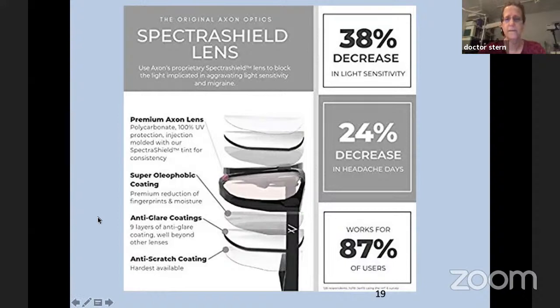I don't know if you send them clear lenses that the patient will wear and they tint them, or whether they have some type of set that you test with patients. It's so new that I haven't seen any information on it yet. But they claim about a 38% decrease in light sensitivity and in headache days, and it works, they say, 87% of the time for the users that they're looking at who have purchased their product.